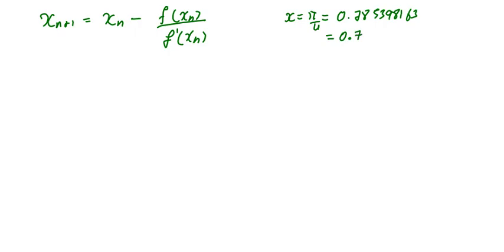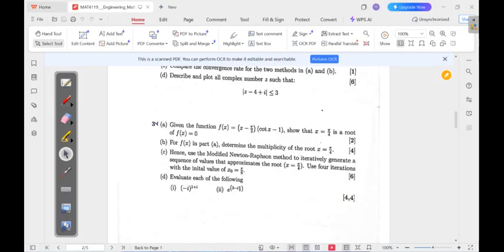So 0.785398, when I round off, that's going to be 0.78540. Throughout the iterations I'm going to be using 5 decimal places. This is what I'm trying to approximate. And remember, the question has clearly told us that x naught equals pi over 6. That's the one we use as our x naught. It's indicated right here on this part.